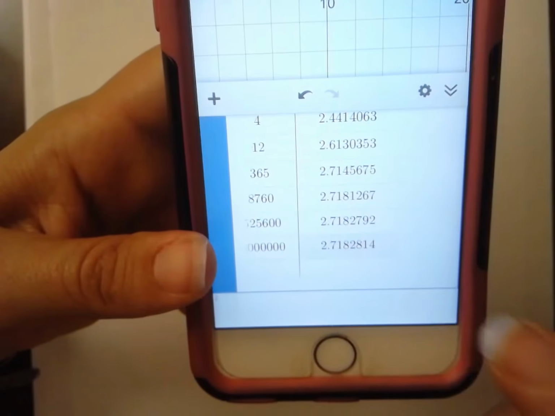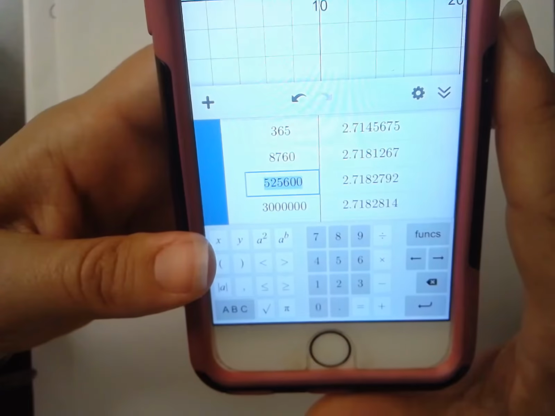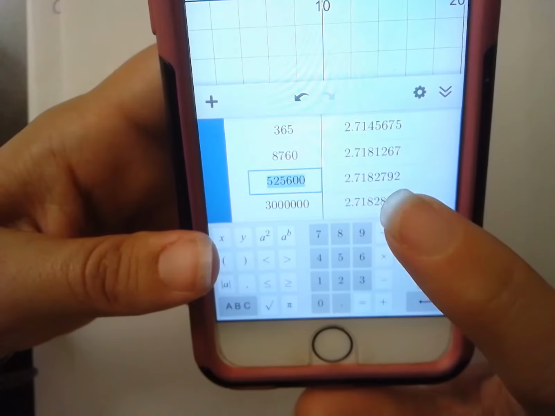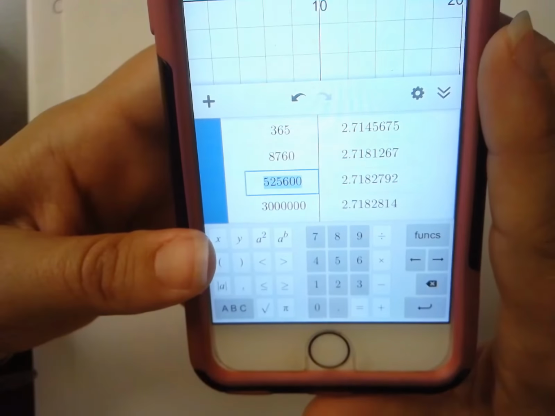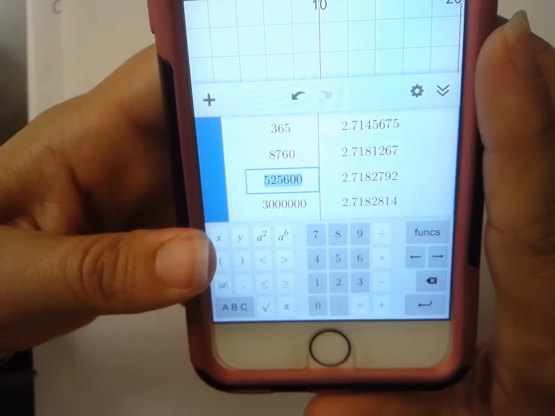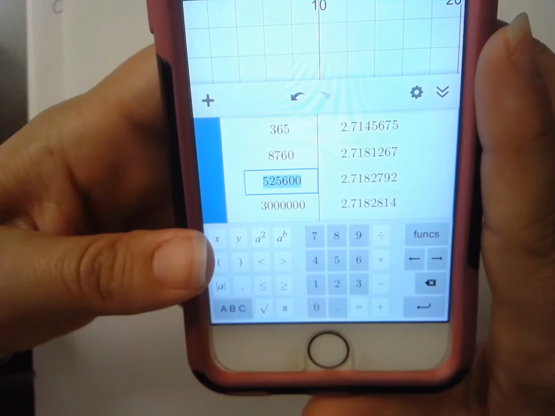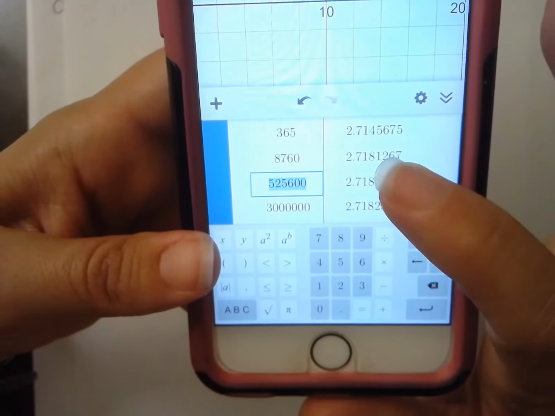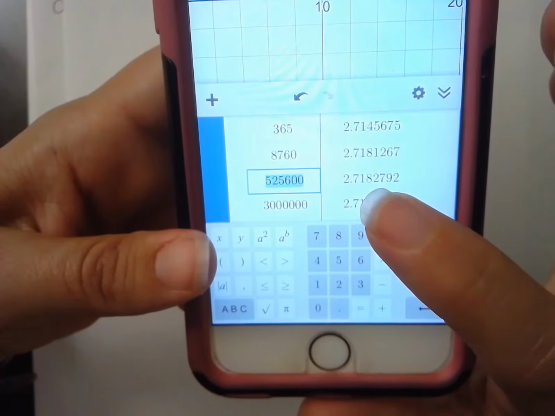And then if I really go crazy and I say per second, then I have 525,600. Now I'm matching the one above it to 3 decimal places: it's 2.718. So I went from 8,760 to 525,000, and I really only went up about 1/1000th, from 2.7181 here to 2.7182 here.